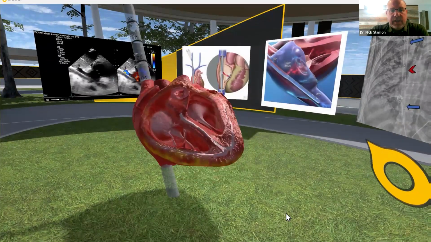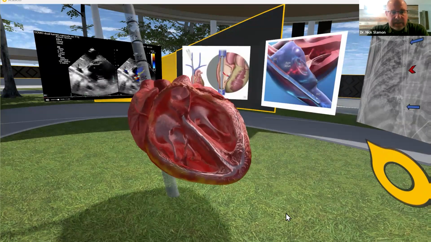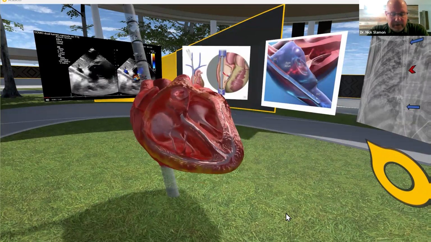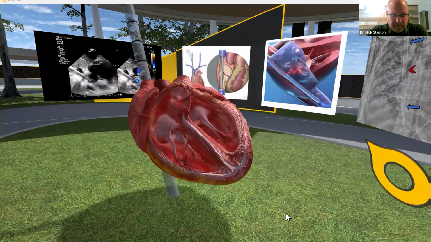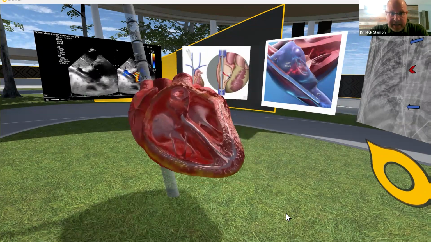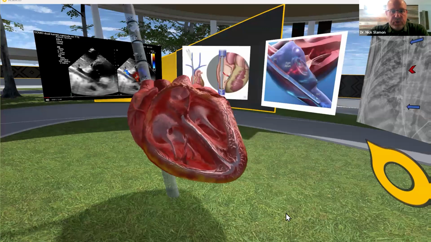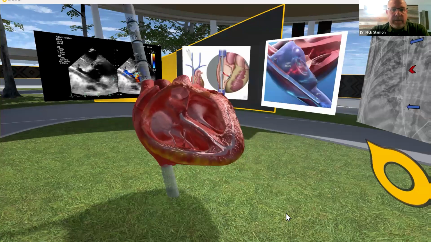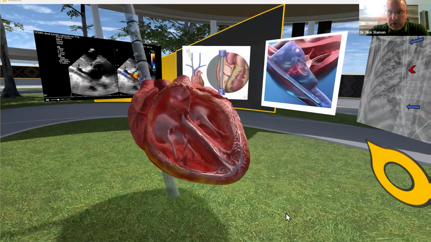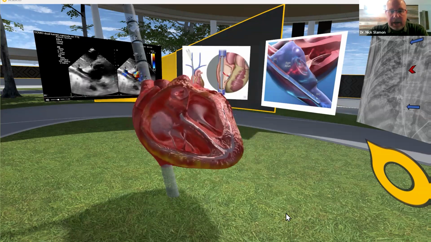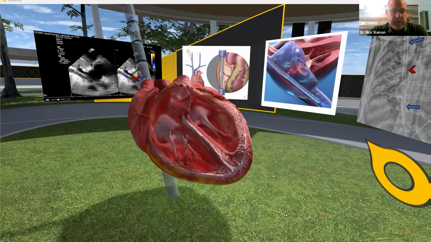The other two features that this module highlights nicely is that we have in Acadicus a media displayer for static images. So X-rays, cartoons showing where the cannula should be properly placed across the back part of this module. And there's also a video displayer.